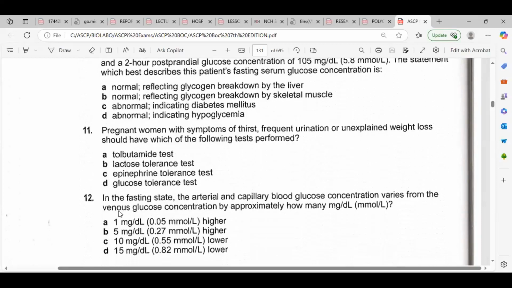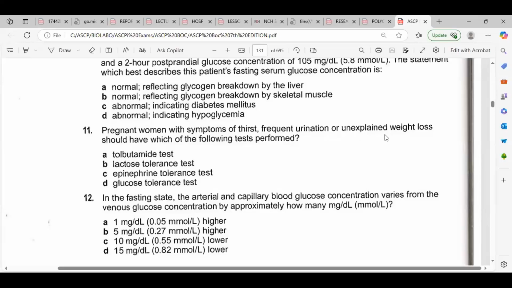So for question 11, we have this one: pregnant women with the symptom of thirst. This is about pregnant women, and you know what we do for them. Some are having thirst, which is a symptom of hyperglycemia. Frequent urination is also a symptom of hyperglycemia.